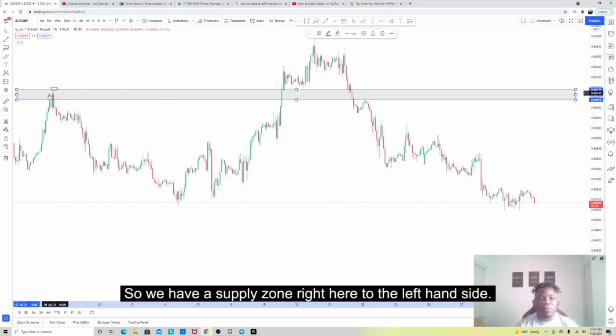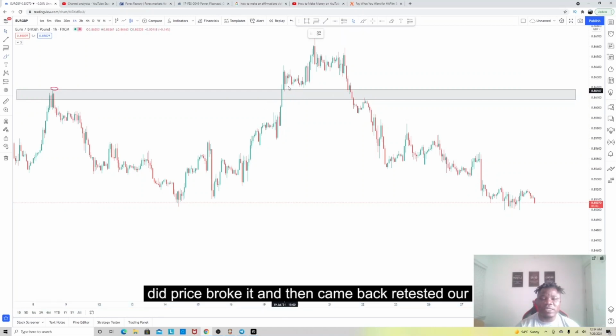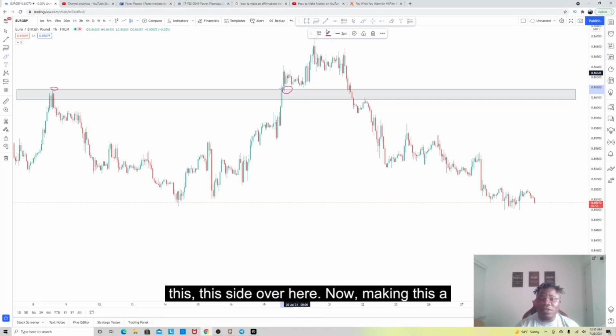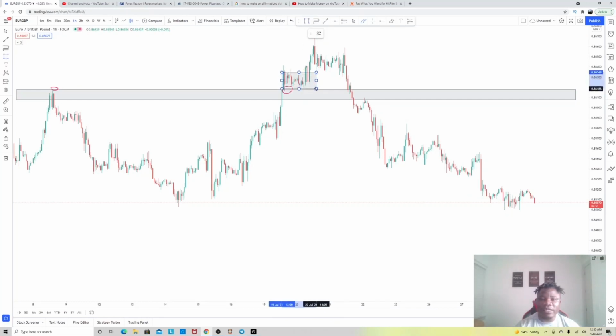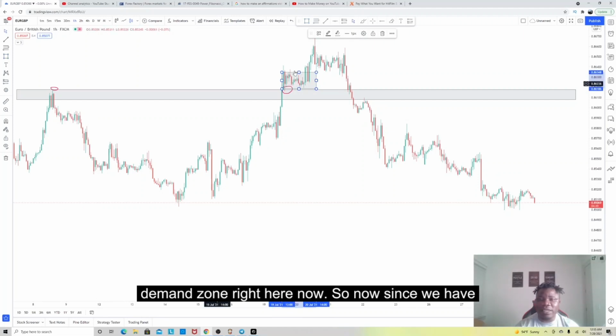So we have a supply zone here to the left hand side, and as you can see over here, look at what price did. Price broke it and then came back, retested our supply zone and started ranging, now making this a demand zone right here.